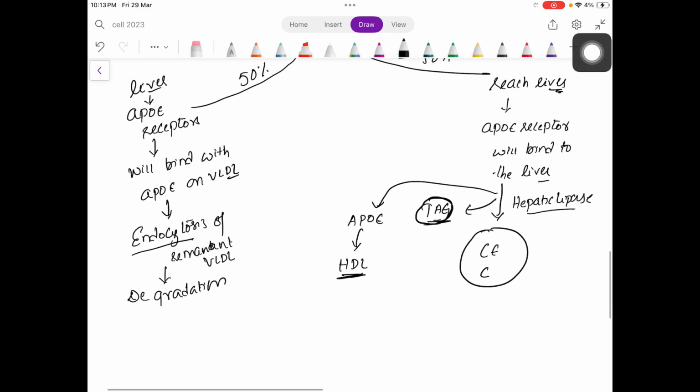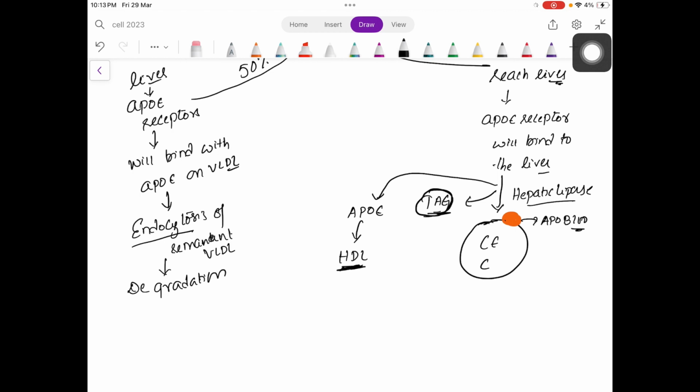Now an intermediate product is formed with only ApoB100 present, and ApoE is transported to HDL.